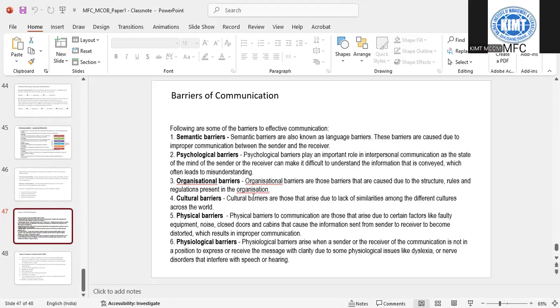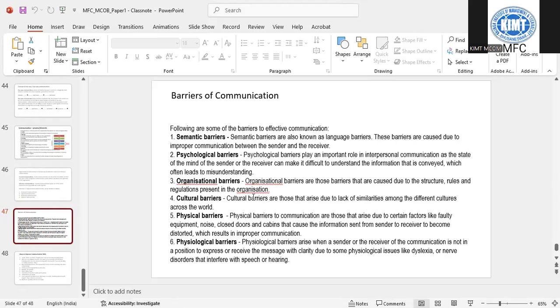Organizational barriers are those barriers that are caused due to the structure, rules, and regulations. So in some organizations there are some rules, there are some protocols. You cannot talk to the top management. That is an organizational barrier. Cultural barriers are those that arise due to lack of similarities among different cultures.